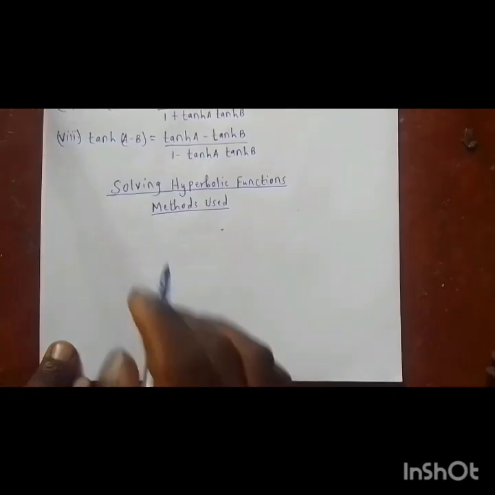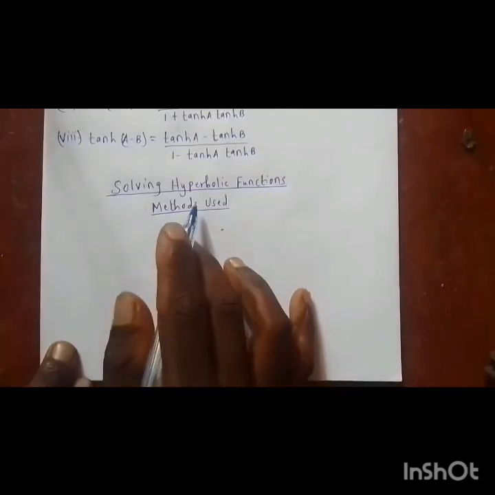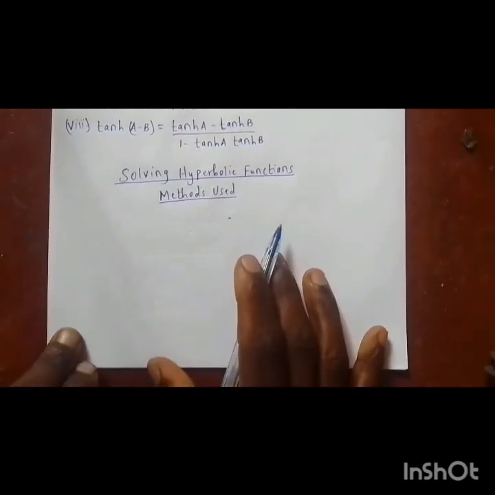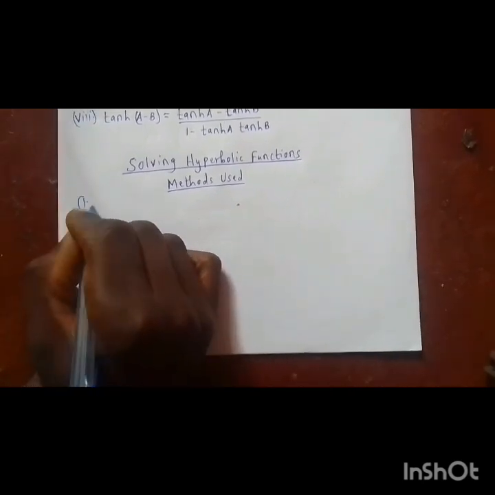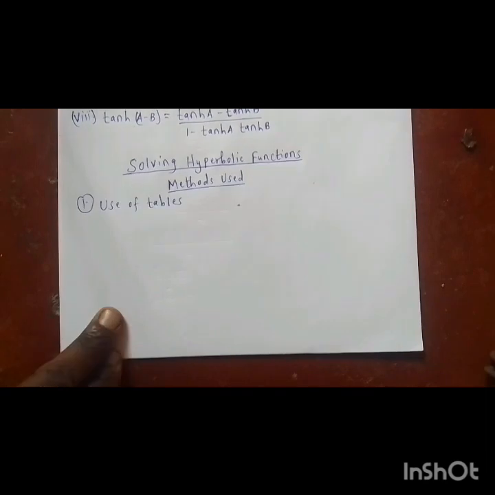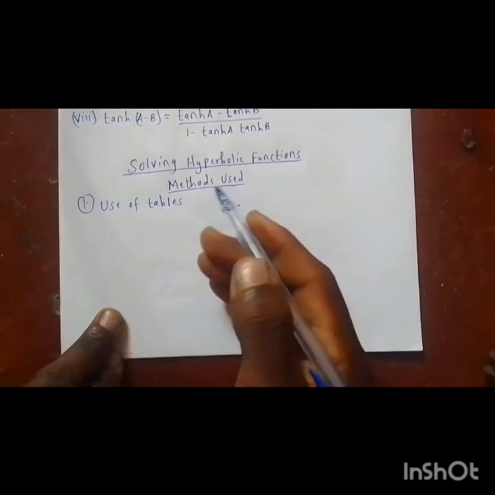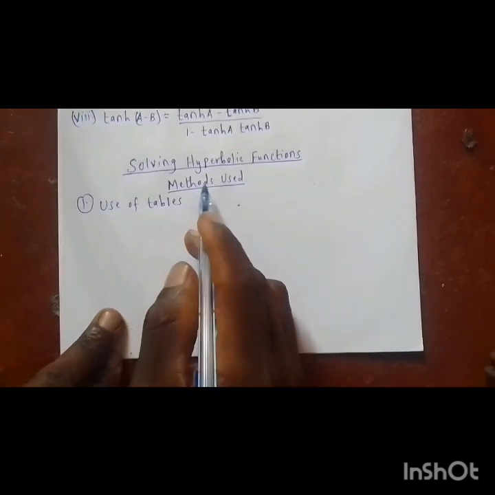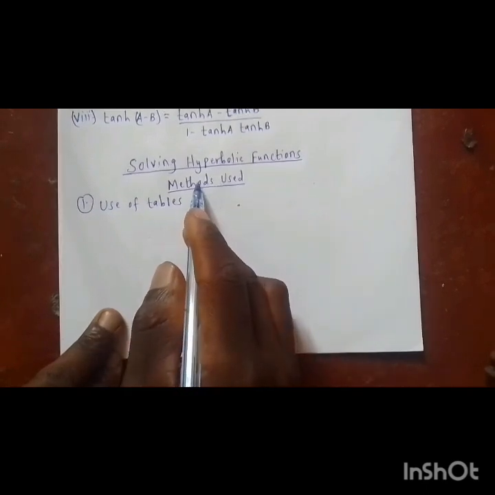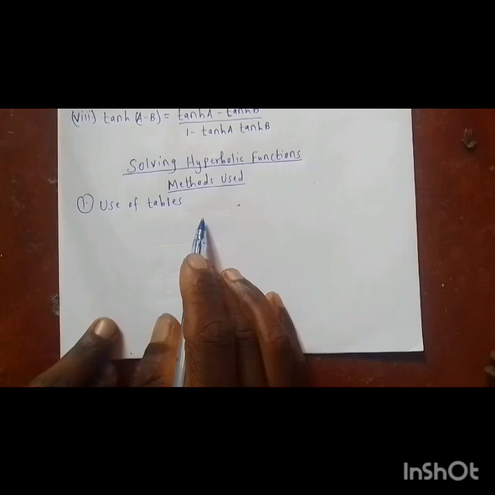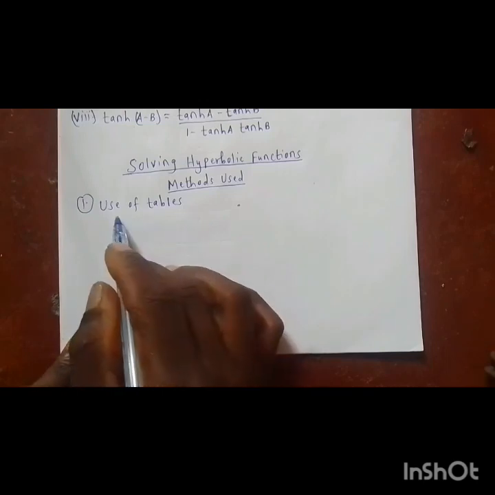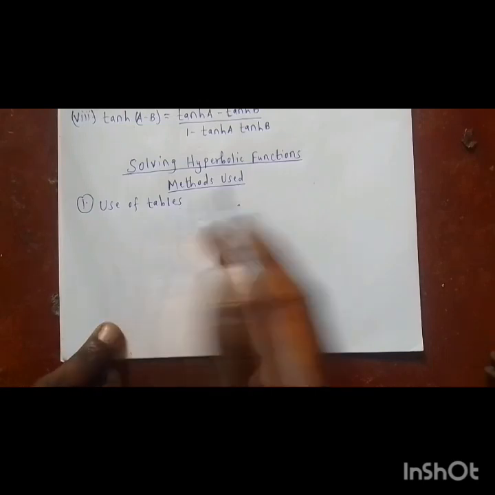So the methods used in solving the hyperbolic functions, the first one is use of tables. This one is when values of various functions are given, and referring to these tables you can be able to solve others.